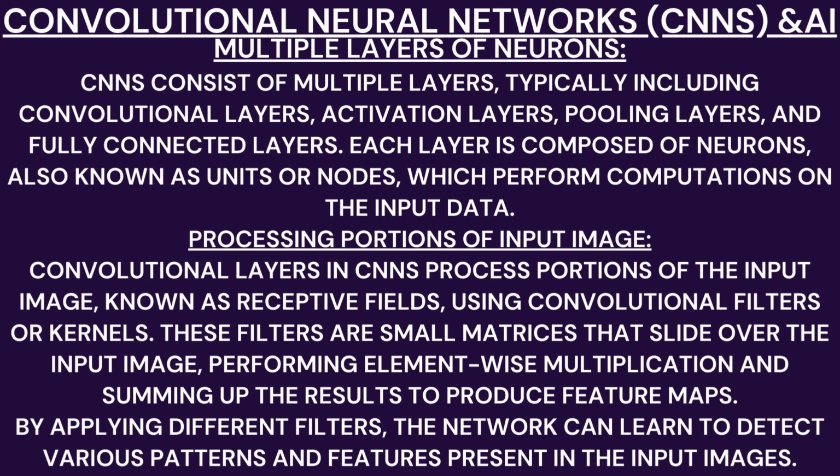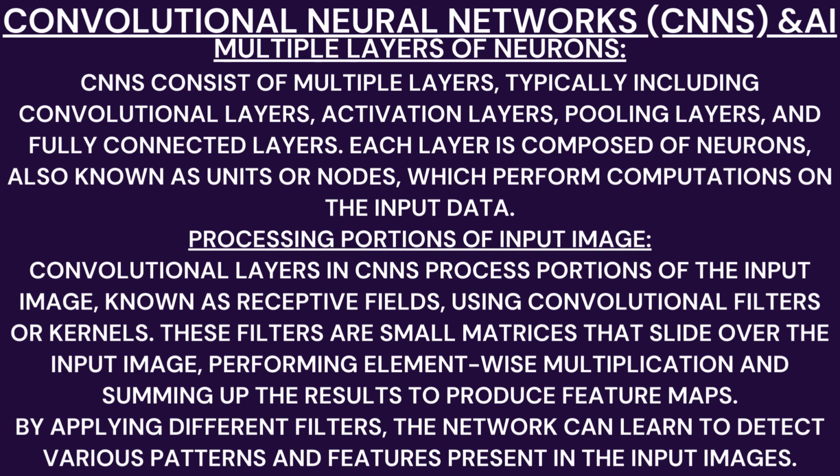Multiple layers of neurons. CNNs consist of multiple layers, typically including convolutional layers, activation layers, pooling layers, and fully connected layers. Each layer is composed of neurons, also known as units or nodes, which perform computations on the input data, processing portions of the input image. Convolutional layers in CNNs process portions of the input image known as receptive fields using convolutional filters or kernels.